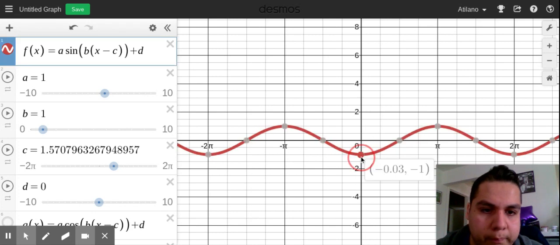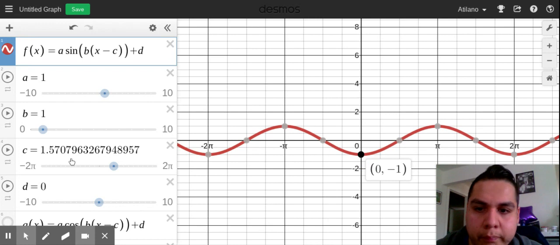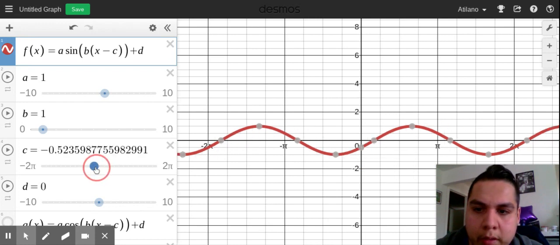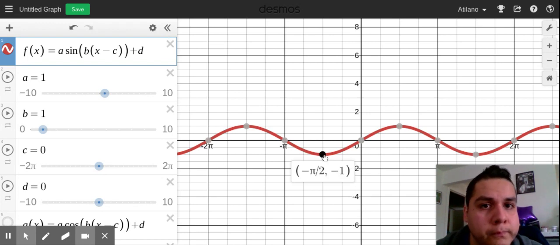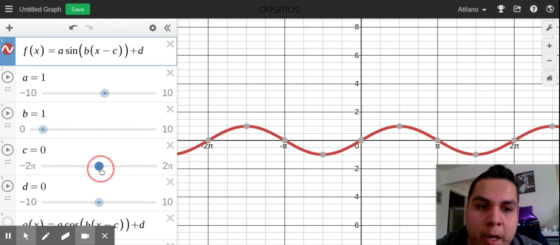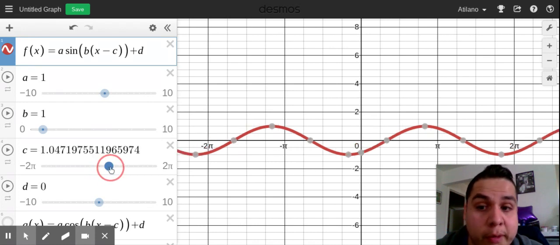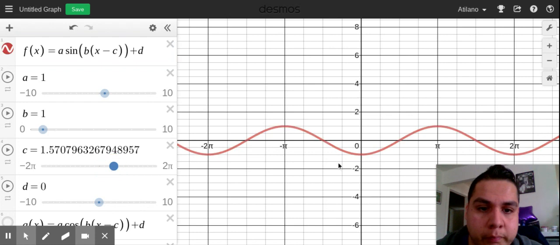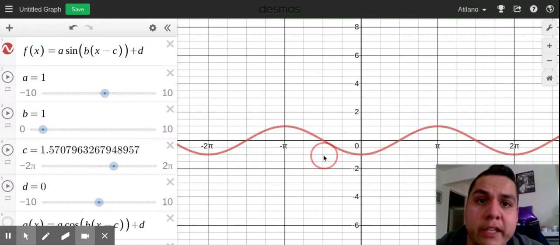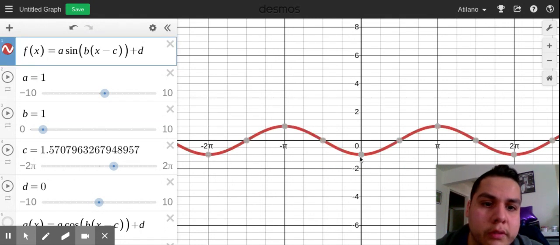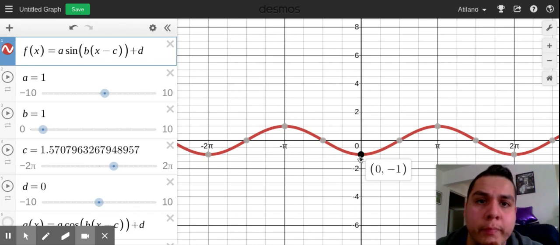So notice, this point at 0, comma negative 1 used to be over here. But when I make the C value 3 pi over 6, this point moves from negative pi over 2, comma negative 1 to 0, comma negative 1.